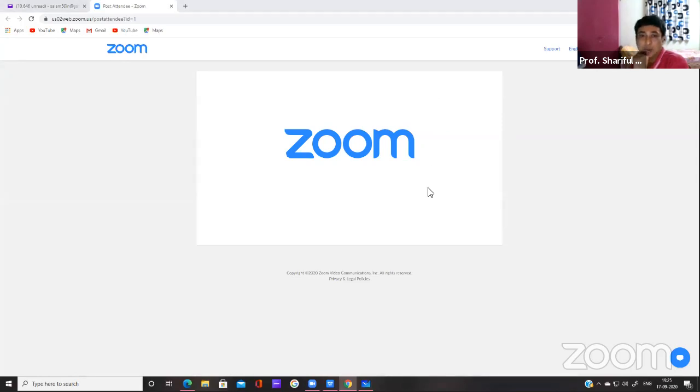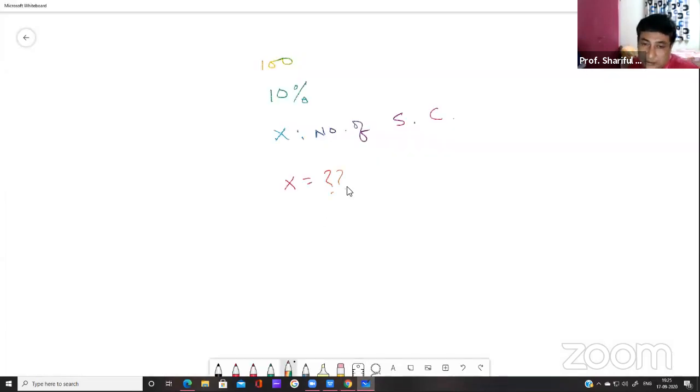Okay. Actually, the values X can take are from 0; it can be 0, it can be 1, it can be 2, it can be 100 even. What is the meaning of X equal to 0? X equal to 0 means no successful customer.